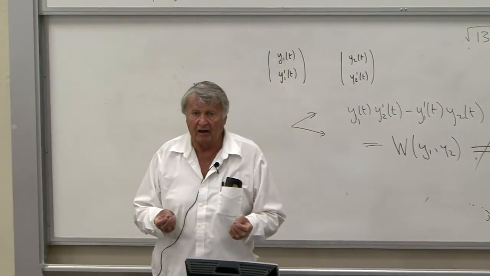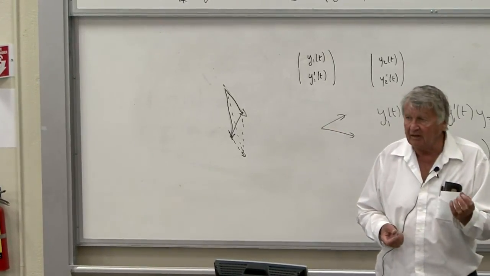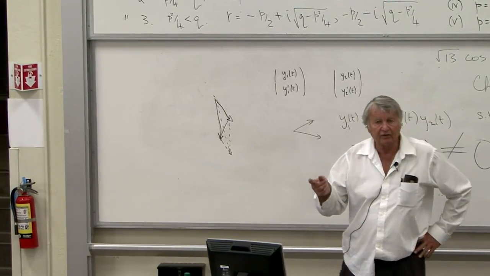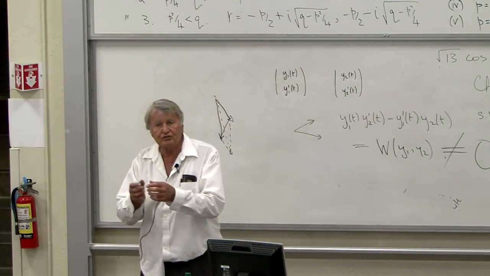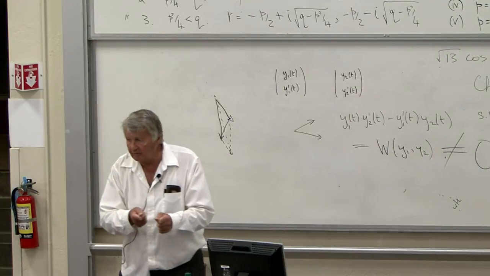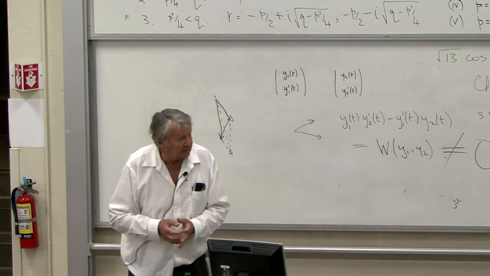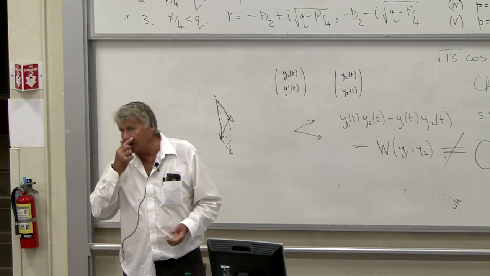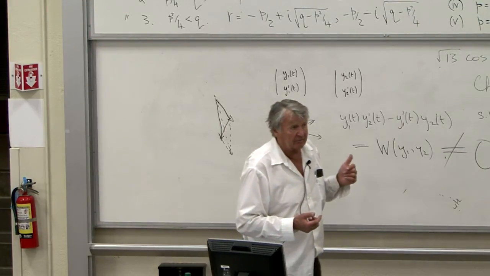And what we're going to find is that the Wronskian being non-zero is the same as making sure that the two solutions you use to build the general solution, a times y1 plus b times y2, are linearly independent. But really, it just makes contact with the linear dependence and independence of vectors.